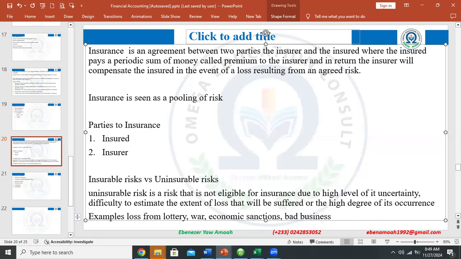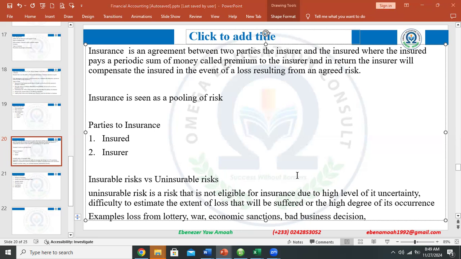You can't insure against a decision, saying, oh, if I take this decision and it doesn't go well, please compensate me. It doesn't make sense to do that. Then I don't think you can insure against inflation and all the market fluctuations. Today the price is 10 cedis, tomorrow it is 50 cedis. You can't insure against that. Regulatory changes, reputation risk, climate change, some of these things you can't insure against.